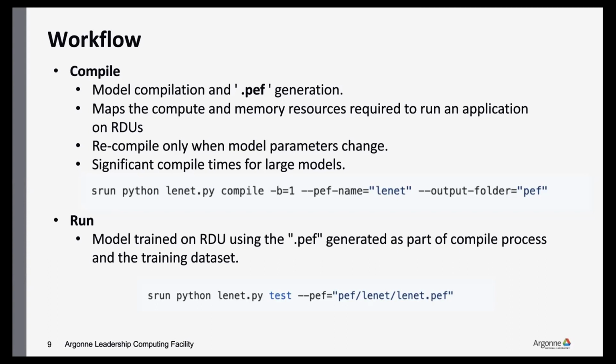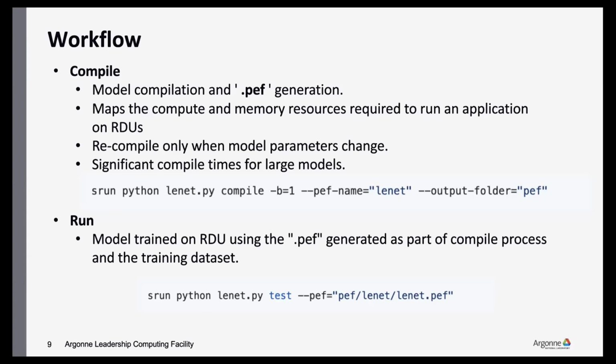The second step of this process is the run command, where you do the actual training using the pef file generated in the previous process. We also pass in the training data set along with the .pef file.